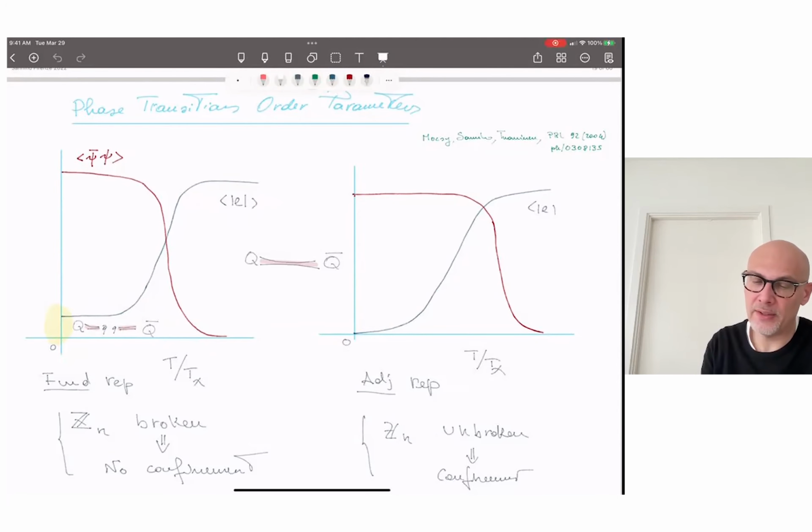If you, on the other hand, use the adjoint representation for the quarks, then you can show that you can never break the string, and therefore the Polyakov loop is still an order parameter, like the condensate. The two scales for chiral and confinement don't need to be the same. One more thing I want to add: that does not mean that you might not have a jump in the Polyakov loop. So you can still have basically a jump, but it's going to be a crossover.